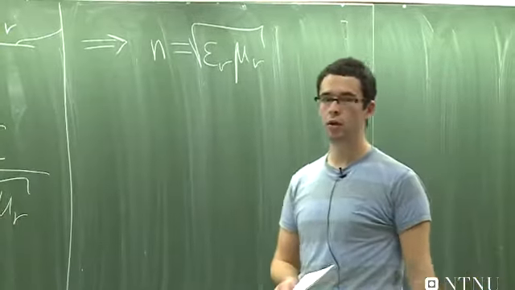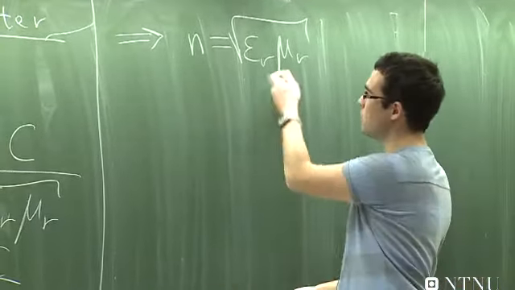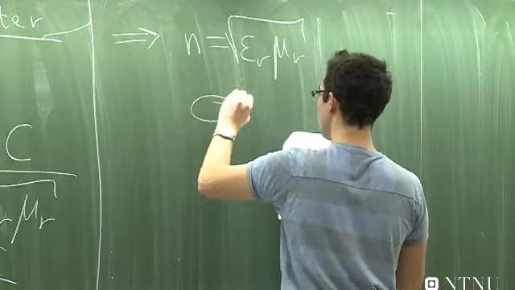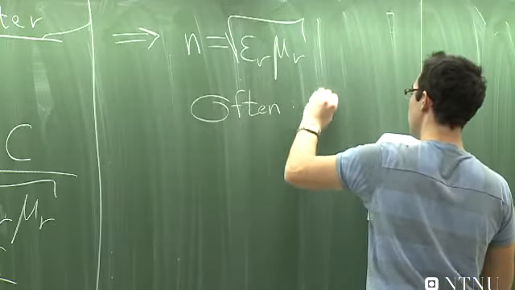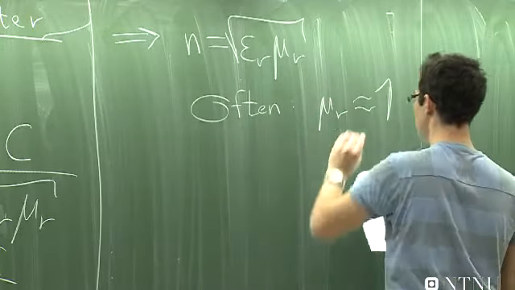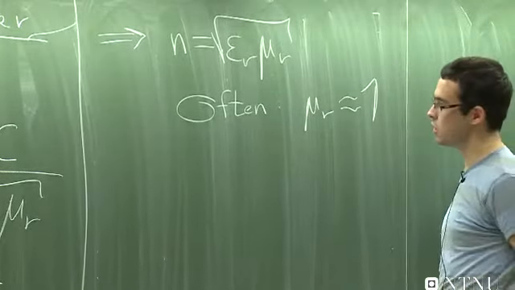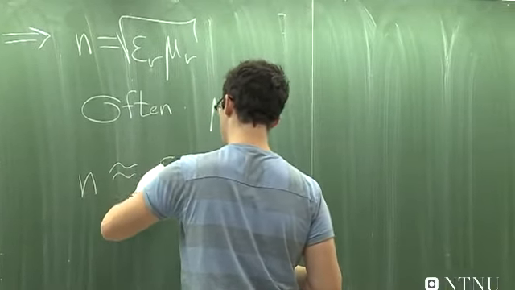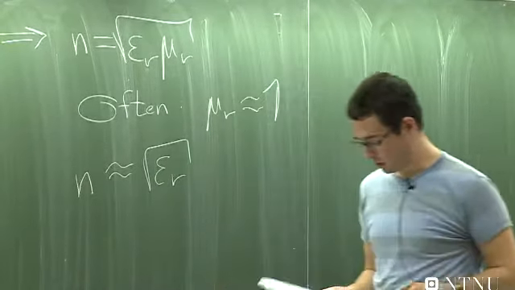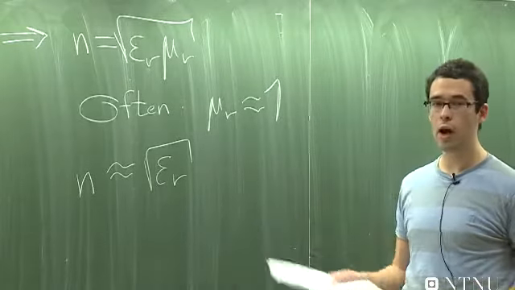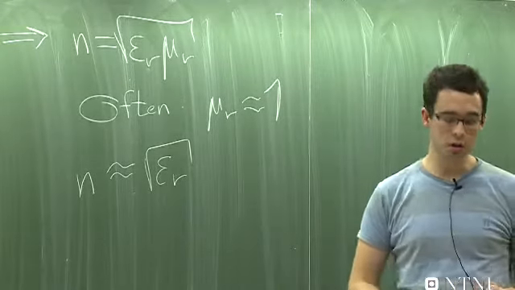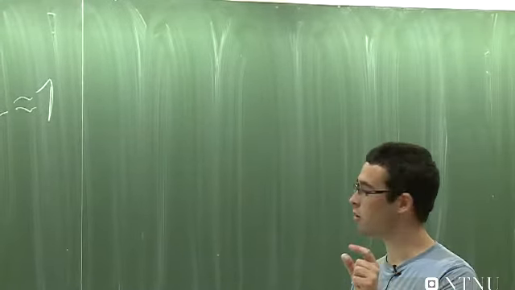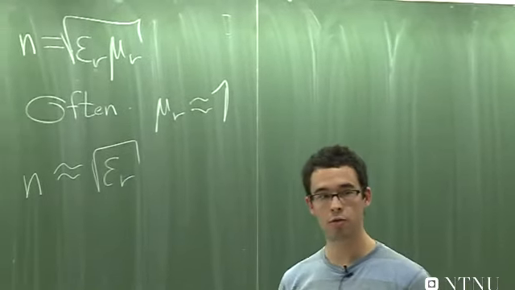And very often in a material that's not opaque, mu r is equal to 1, to a very good approximation. And we get that the index of refraction is essentially the square root of epsilon r. And if you're wondering how good an approximation this is, have you ever held a magnet up to a material that's been transparent, which was not ferromagnetic?